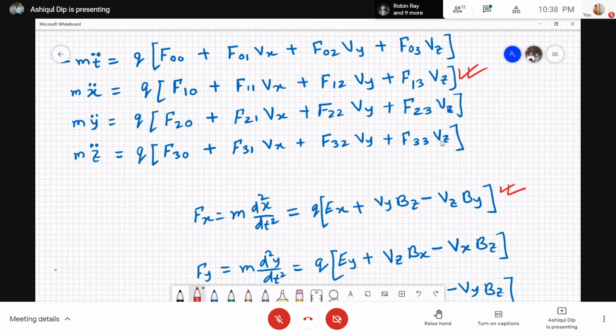When t is approximately tau, x double dot, which is d2x over d tau squared, is approximately d2x over dt squared, right? So this term is equal to that term then. Low velocity limit.